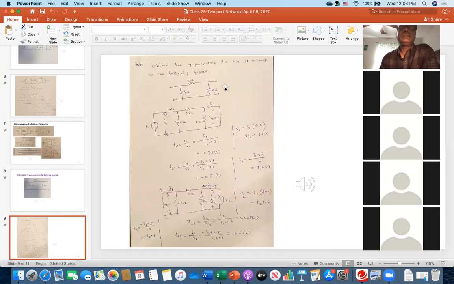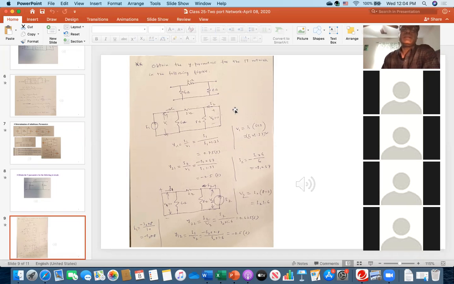So everybody see, at the beginning I have redrawn that diagram, the pi circuit. Now you see what I did in the next figure: I have kept the left side as a source. I have assumed there is a current source I1 flowing, with corresponding voltage V1, but the right side I have made short, because now I am calculating the Y parameter.